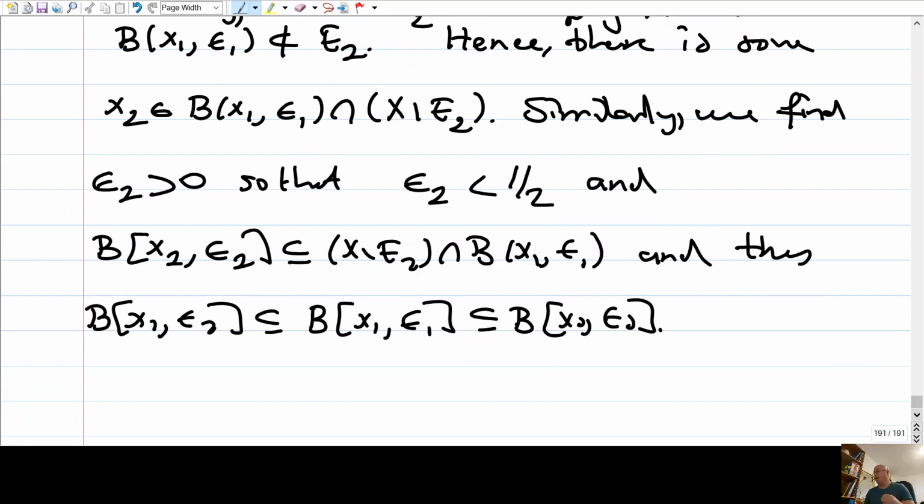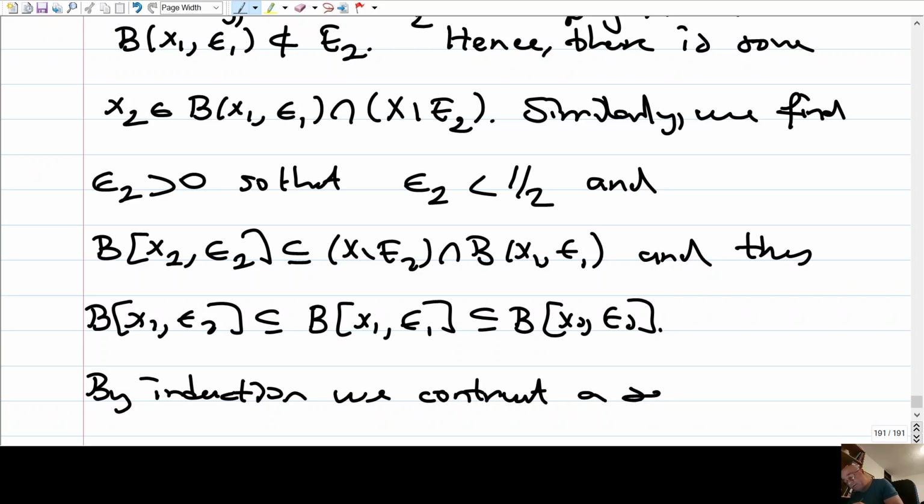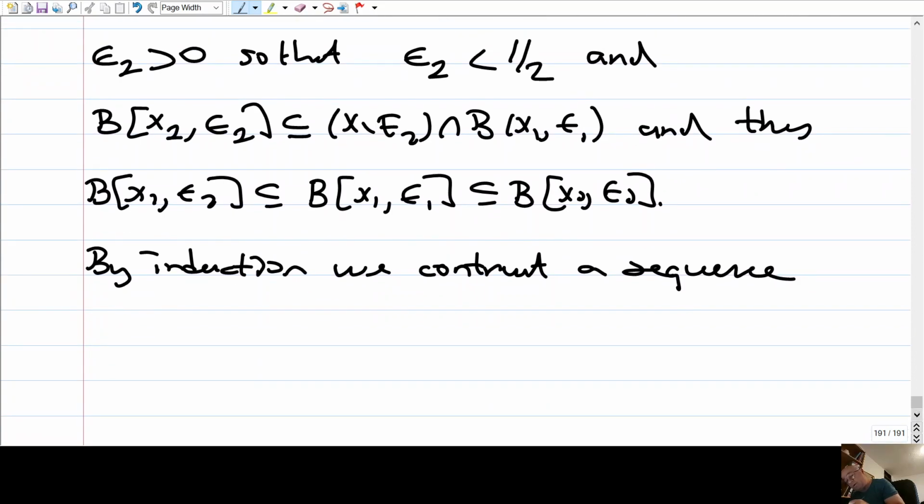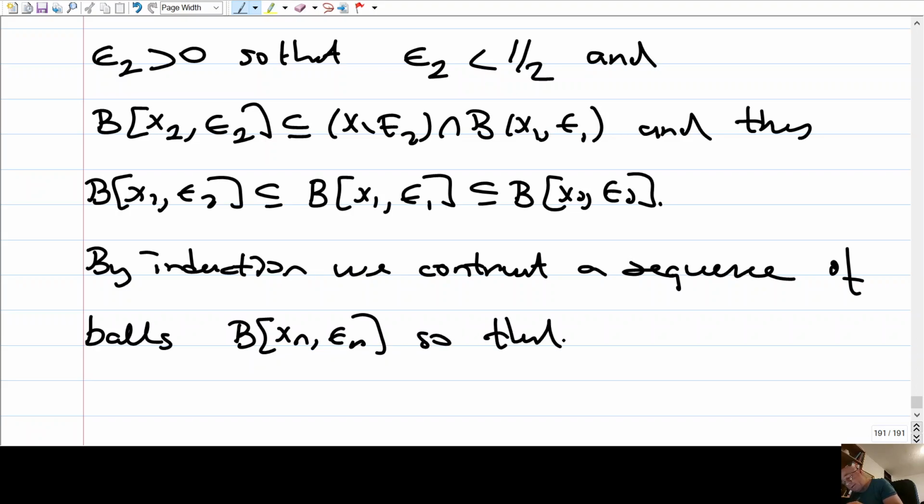Okay, so this way, by induction, we construct a sequence of balls B(xn, epsilon n), so that epsilon n are positive but less than or equal to 1 over n.